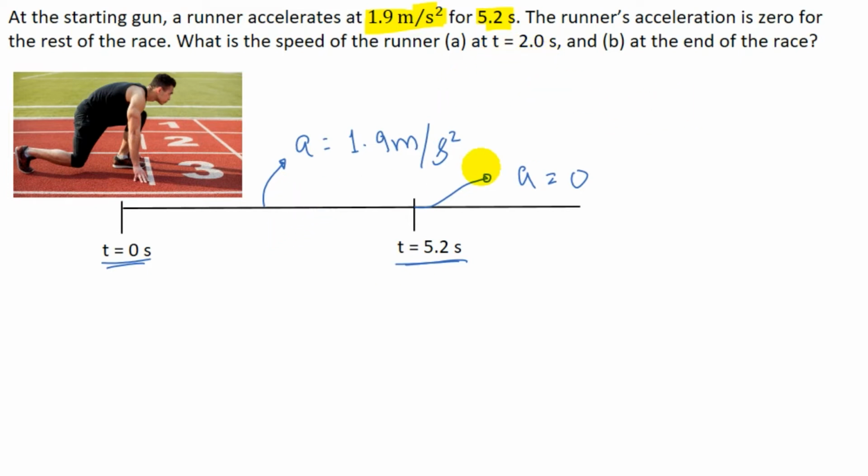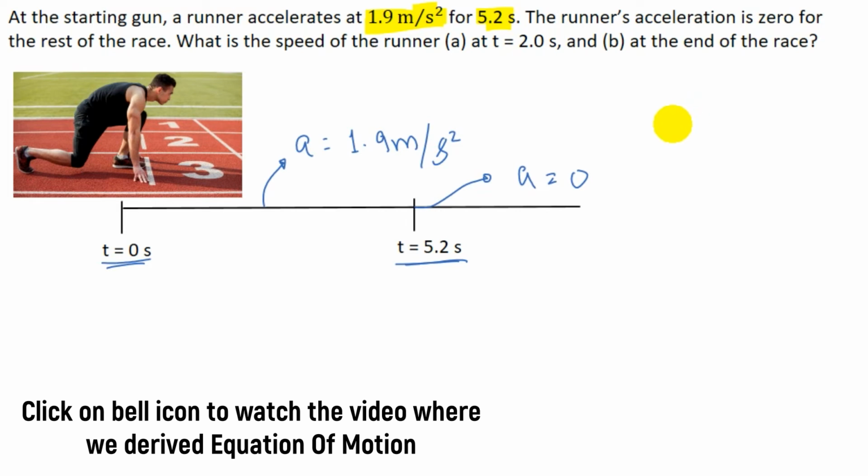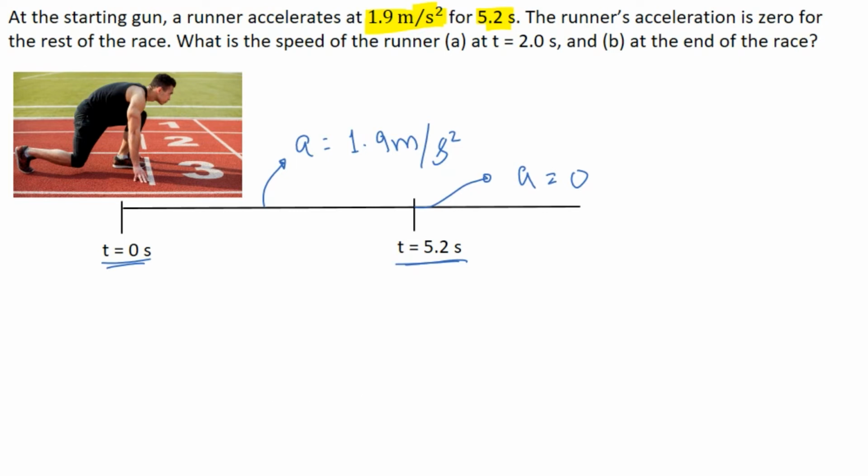Since acceleration is constant, we can use the equation that we derived under the topic motion with constant acceleration: v equals v naught plus at. Now v naught is the initial velocity, which is 0 at time t equals 0.